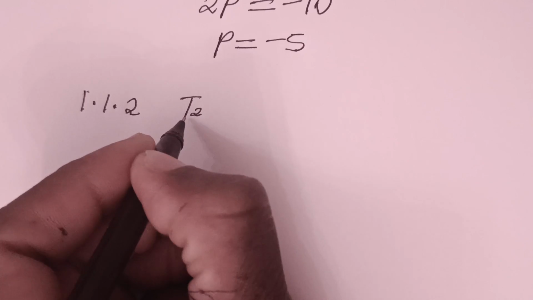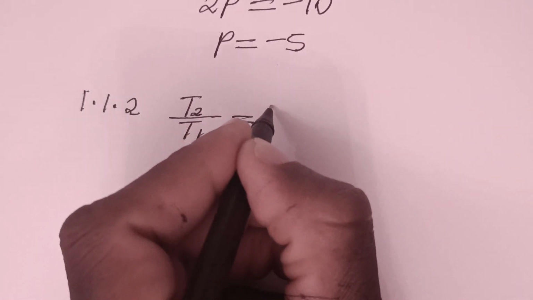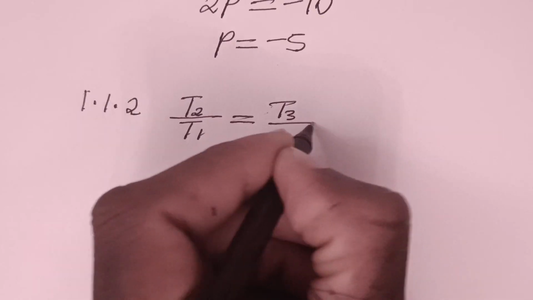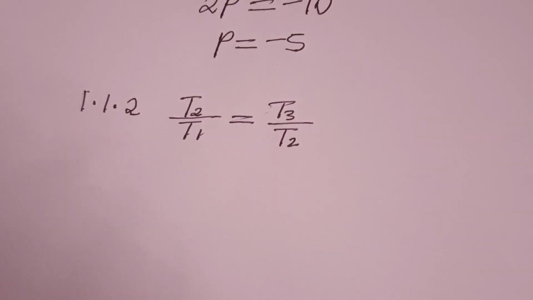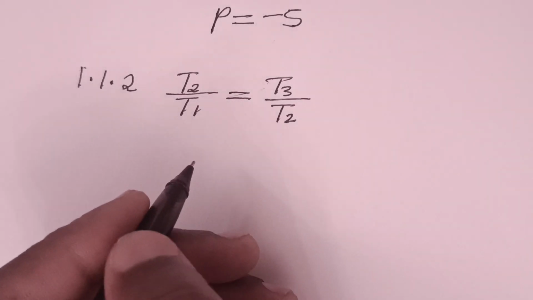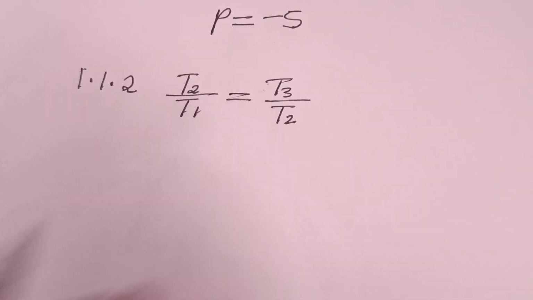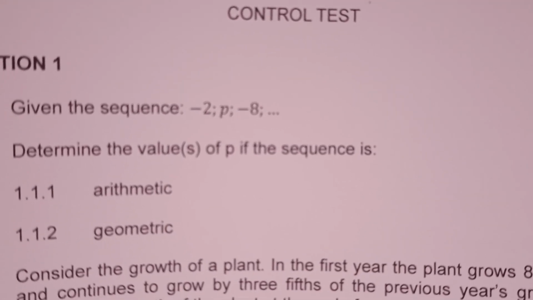meaning T2 over T1 must be equal to T3 over T2, which then gives birth to substituting what T2 is. Remember, T2 is p.